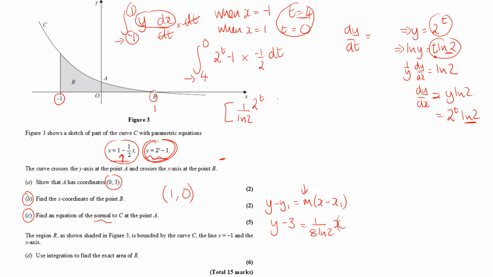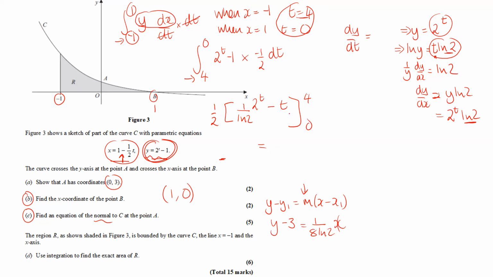And then the minus 1, and then we'll just have minus t, and the half's just going to join in. I can put that on the front, and we're going between 4 and 0. Now because we've got this -1/2, what we can do is change that to plus and change these round. So it's 0 to 4.